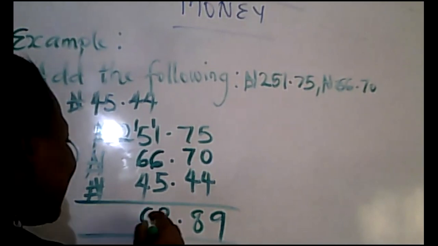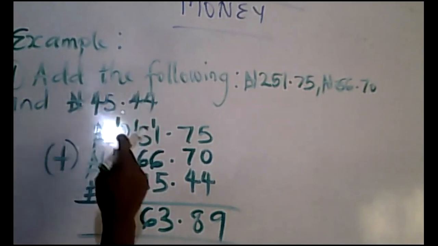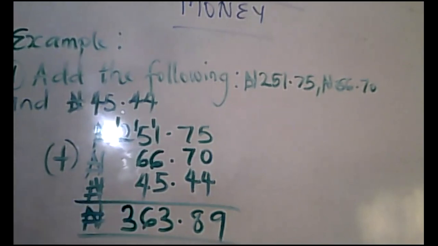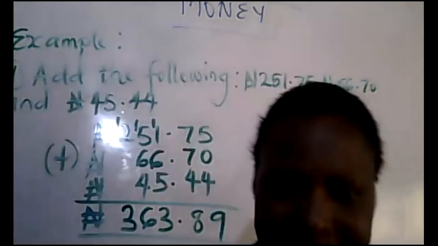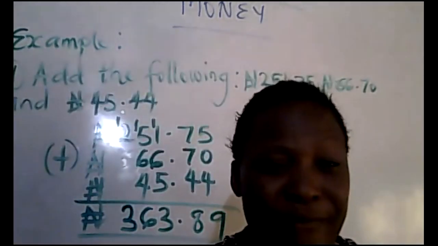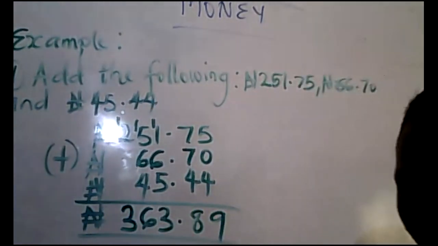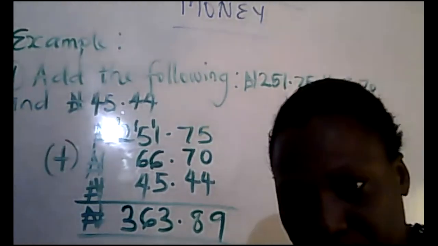I'll write 6 and still carry 1. And 1 plus 2 gives me 3. Then you write your naira sign. Don't forget that. That is very, very crucial. Your naira sign will differentiate this figure from a decimal number.